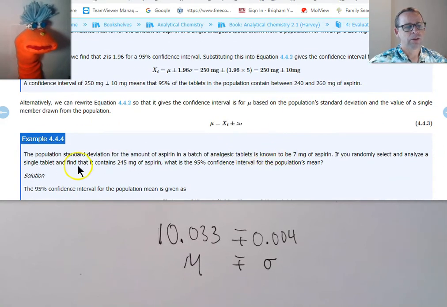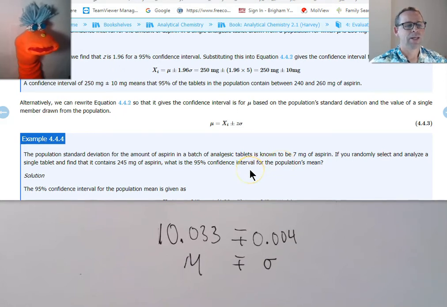Good. A population standard deviation for the amount of aspirin in a batch of analgesic tablets is known to be 7 milligrams. If you randomly select and analyze a single tablet and find that it contains 245 milligrams of aspirin, what is the 95% confidence interval for the population's mean?